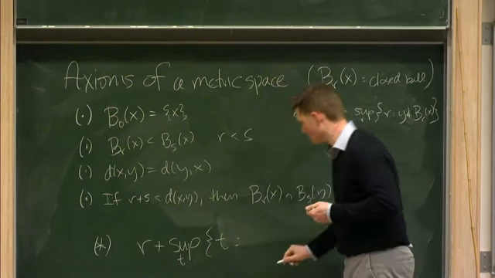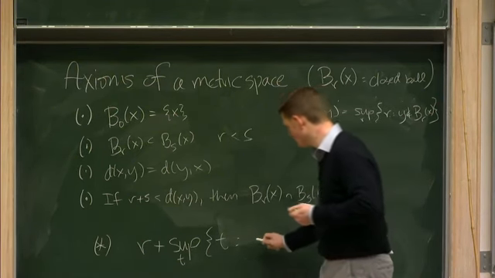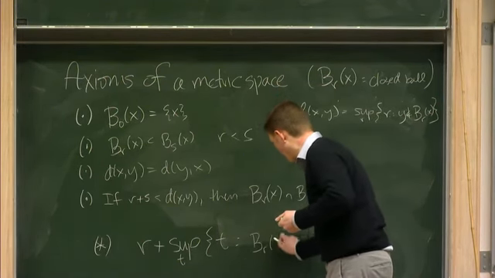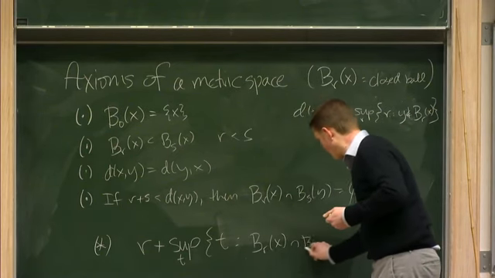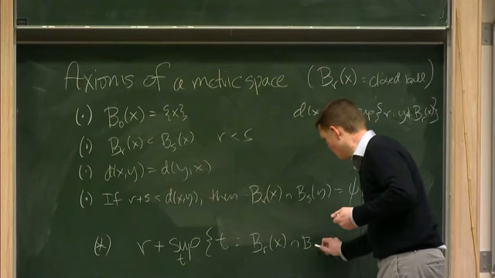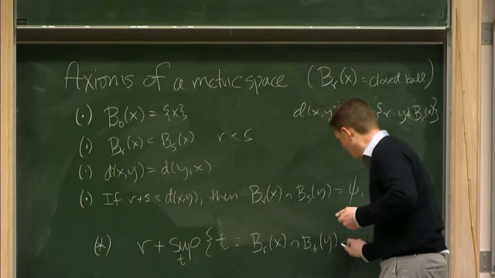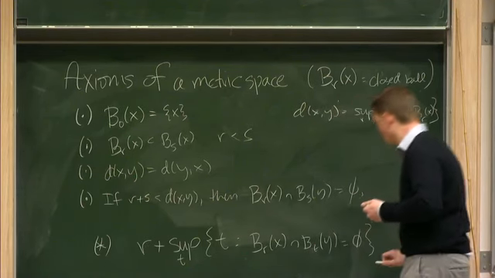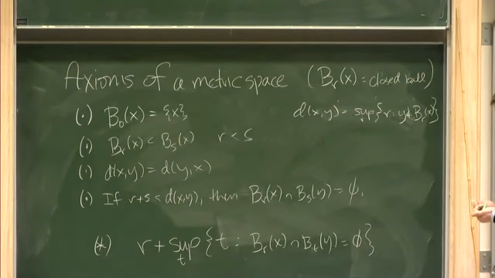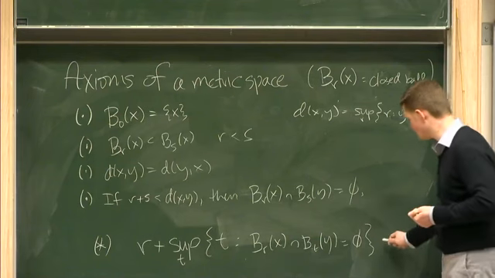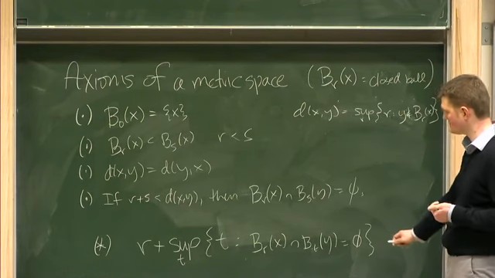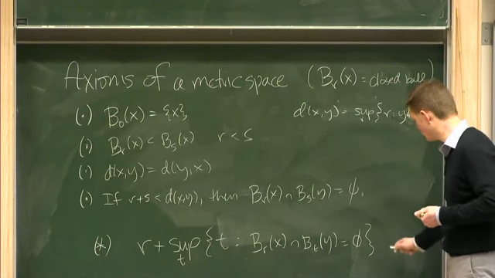So sup of t such that the balls are disjoint, then this is constant for r up to the distance between x and y.